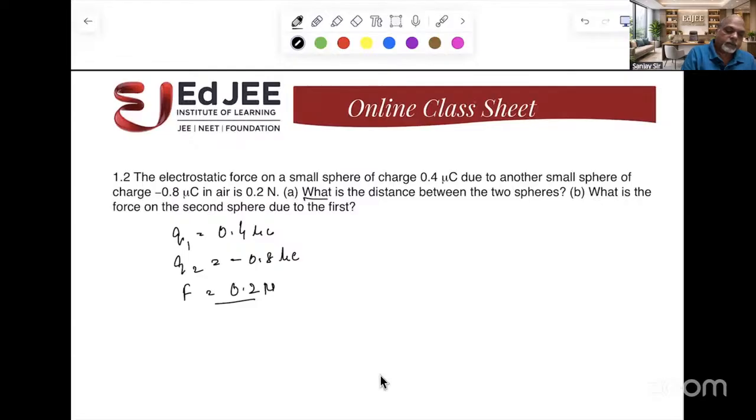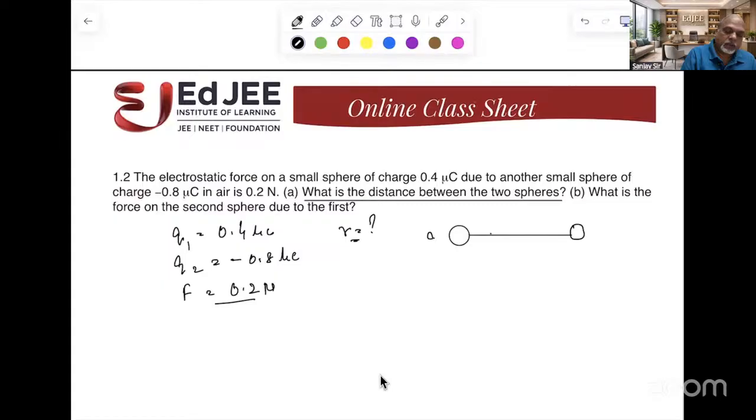What is the distance between two spheres? So basically R is required. Now let us see, one small sphere is there. Another small sphere is there.